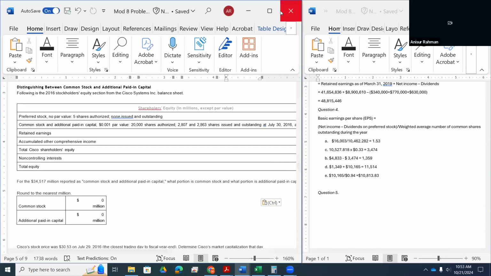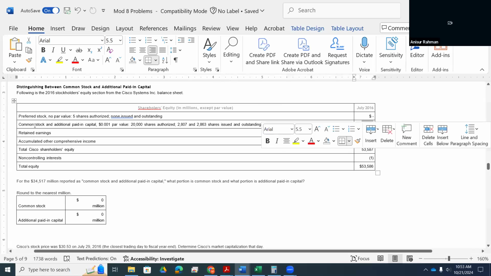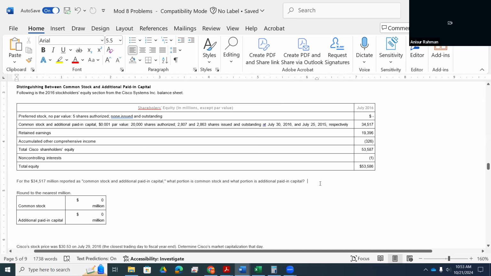So let's see what it says. The 34,517 million reported as common stock and additional paid-in capital. So this amount, common stock and additional paid-in capital. What portion is common stock and what portion is additional paid-in capital?